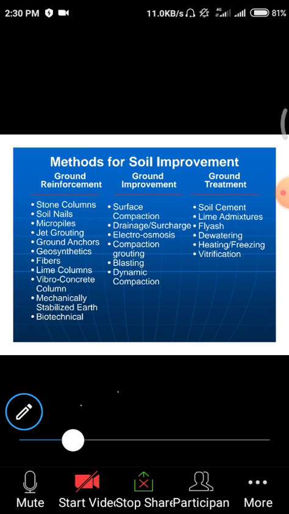So due to blasting we can also improve the ground properties, but in a few directions only. It is not in 360 degrees; we will obtain it only in a few directions, like 60 degrees to 80 degrees around a particular point.